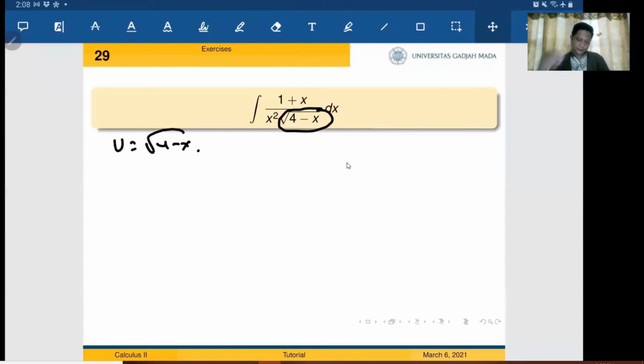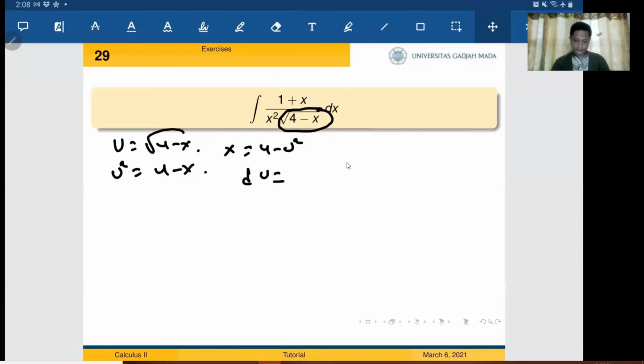Okay, next. I have u is square root of 4 minus x because I don't want to deal with square root. So I have u squared is equal to 4 minus x, and x is 4 minus u squared. Should be clear, right? And I always use the u for substitution.